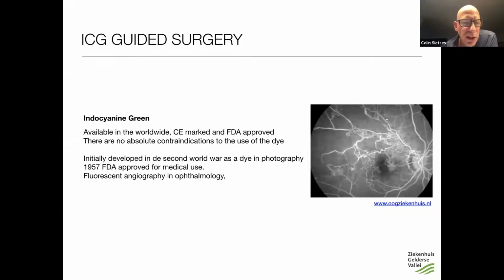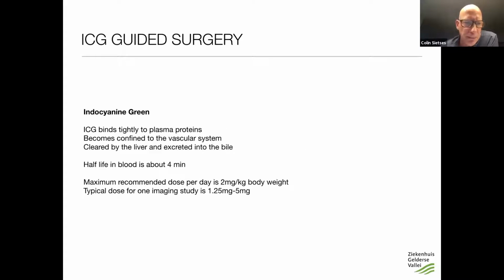ICG was initially developed during the Second World War as a dye for photography, and it was approved by the FDA in 1975 for medical use. Initially it was only used in ophthalmography to look inside the eye and do fluorescent angiography. Of course, it was introduced in laparoscopy many years later, so that's only something from the last couple of years.